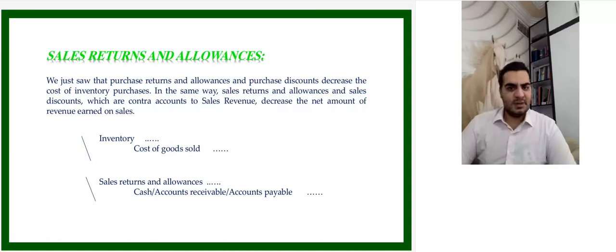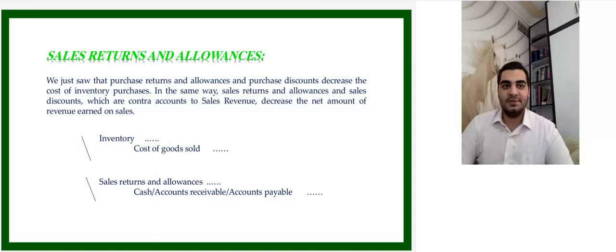As previously told you, we had purchase returns and allowances. Now we're going to discuss it for sales returns and allowances. As we just saw, the purchase returns and allowances, and of course the purchase discounts, decrease the cost of inventory purchases. In exactly the same way, sales returns and allowances and sales discounts, which are contra accounts to sales revenue, decrease the net amount of revenue earned on sales.